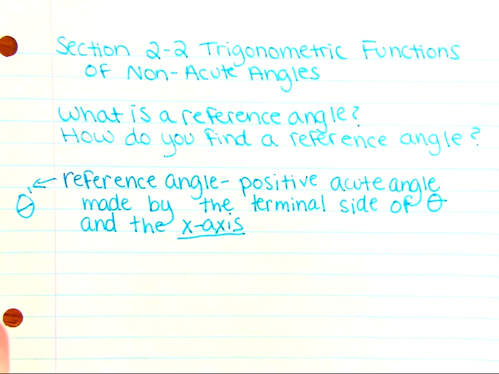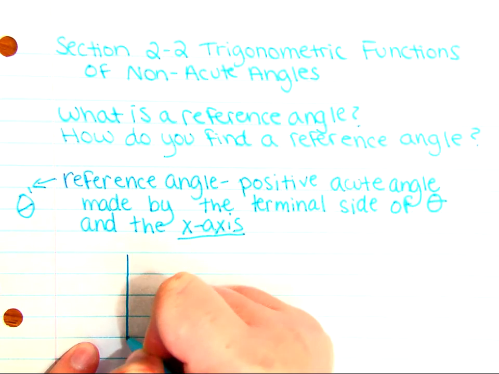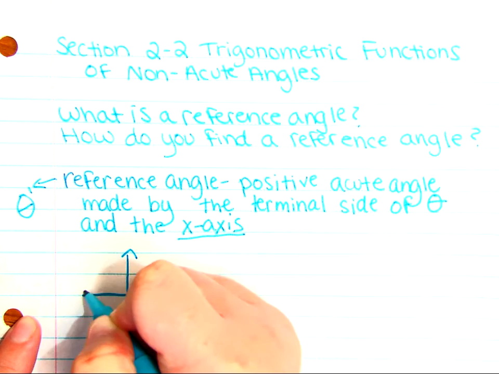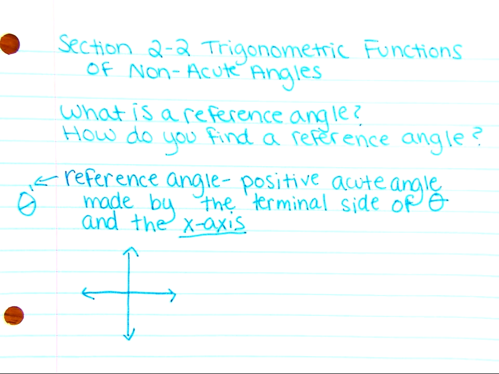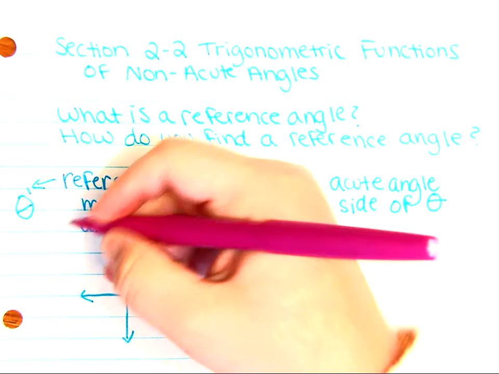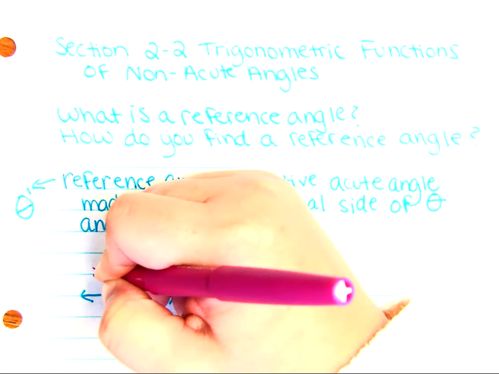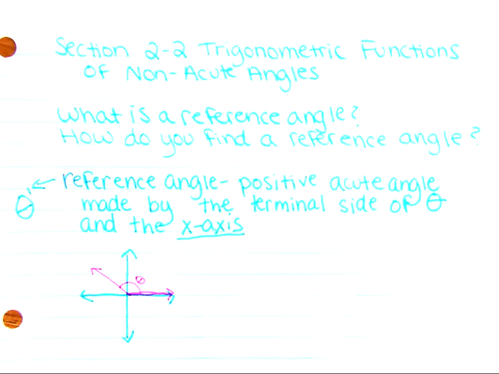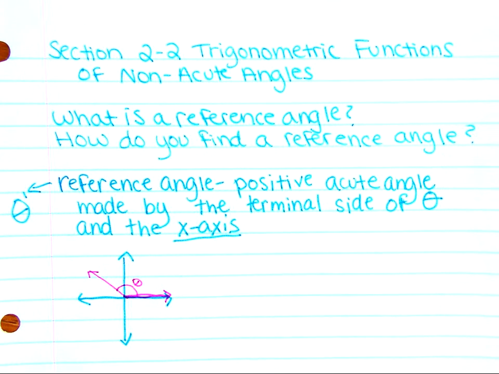Now, let's draw an angle in quadrant 2. Okay, now it said it had to be in standard position, which means that its initial ray is there, and then its terminal ray would be where it ends. Okay, so there would be my theta. And you can obviously see that that is not an acute angle.